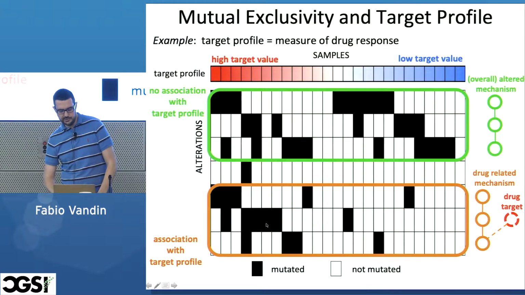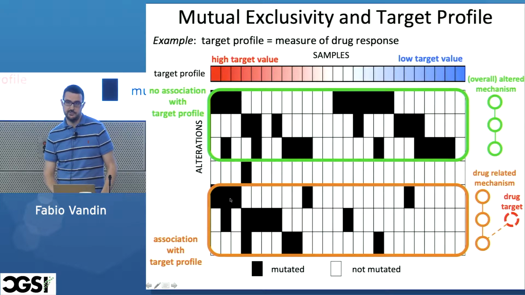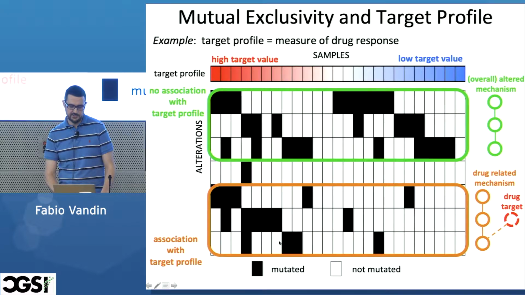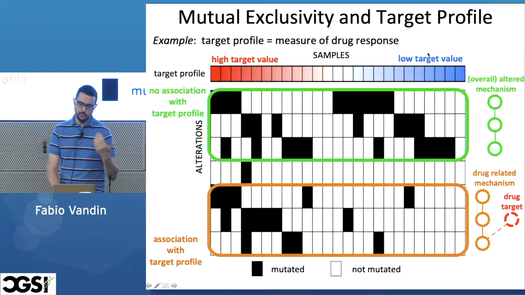So what we want to do is really take these mutation data, these alteration data, in which for each sample we know which alterations are present in the sample and the target profile, and try to identify a set of mutually exclusive genes such that in most patients only one of the genes in the set is altered, and there is a preferential alteration for one of the two ends of the target.